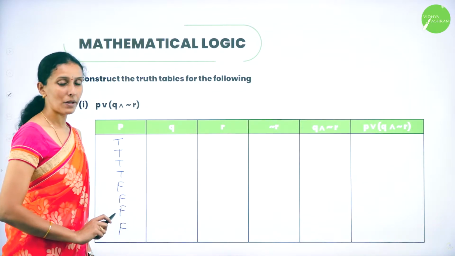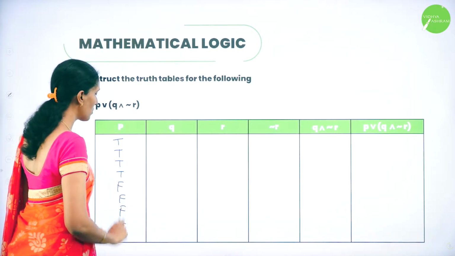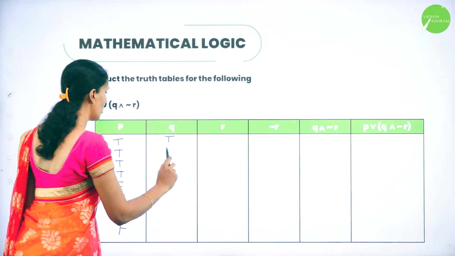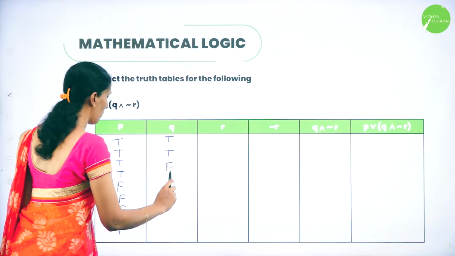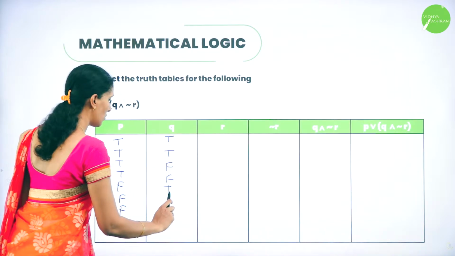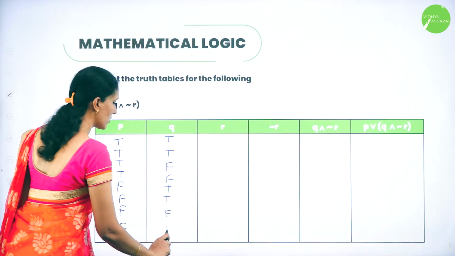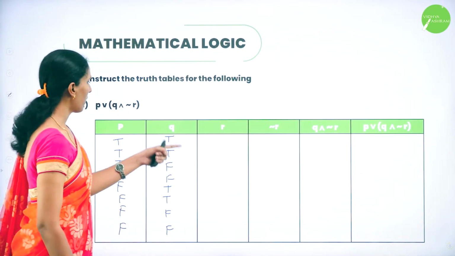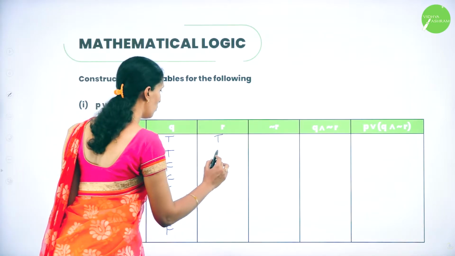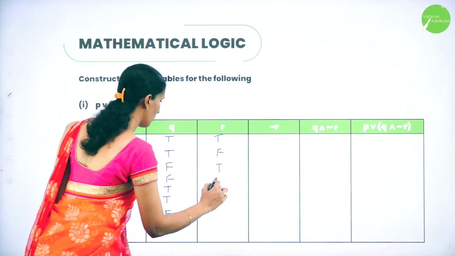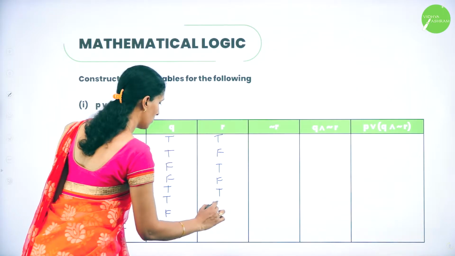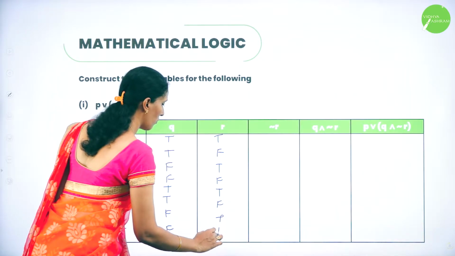So what are the possibilities of P? 4 times true, 4 times. And Q I will take it as true, true, false, false, true, true, false, false. Next we will take for R. R we will take it as true, false, true, false, true, false, true, false.